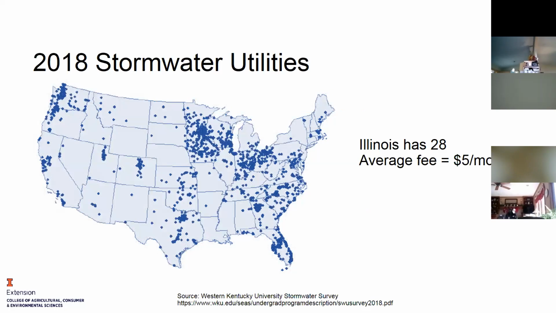If you are interested in looking into stormwater utility fees, the link at the bottom of the screen is an annual survey that Western Kentucky University does, and they have a lot of information about stormwater utilities. I believe now they even are doing an international survey. They have a few Canadian cities whose information is included in this as well.